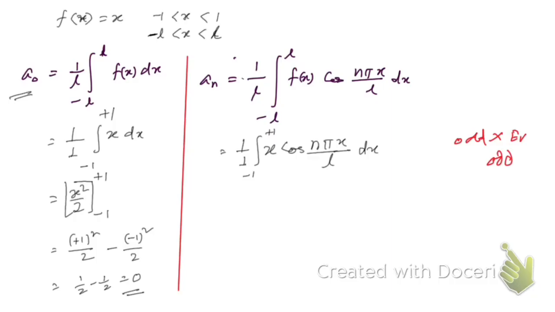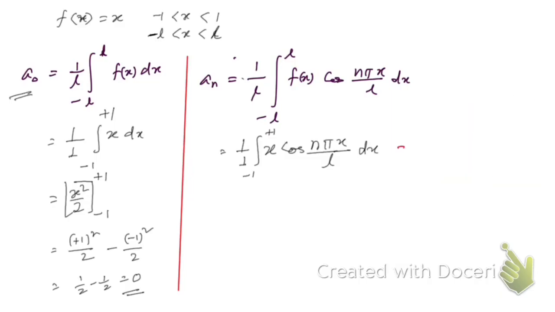So when you integrate an odd function over an interval minus a to plus a, it always gives you 0, right? That's always going to give you 0.